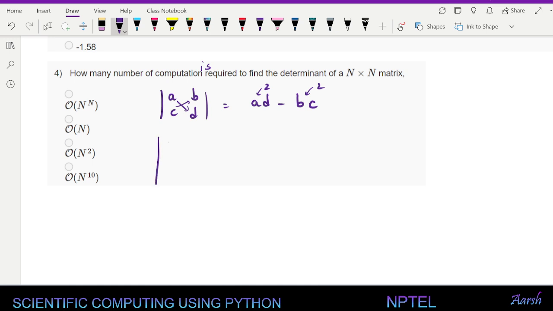Well, what if you have 3 by 3? A, B, C, D, E, F, G, H, I. In that case, we know this result, right? We can break it down. A times this determinant, so E, F, H, I, then plus B times, we have to go circularly, right?